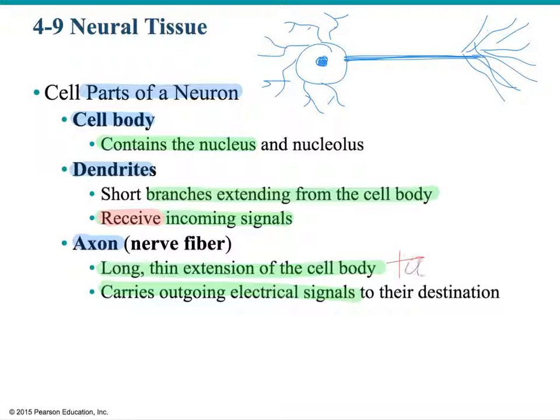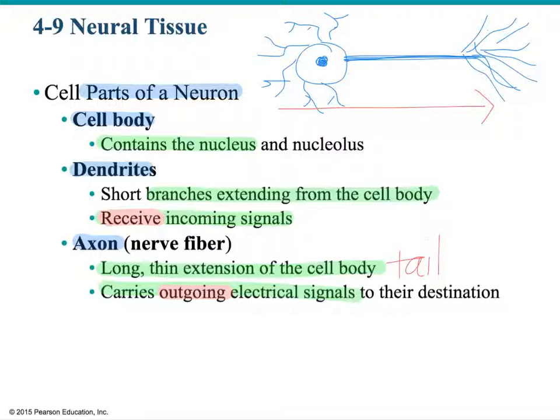So it's like a tail, and it carries outgoing electrical signals. So I'll draw the direction of the chemical signal then with that arrow. Let's go from the dendrite through the axon.